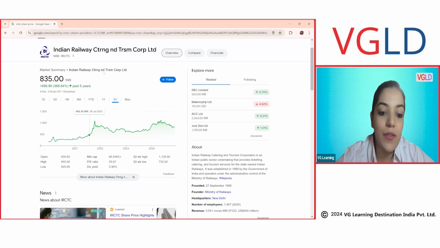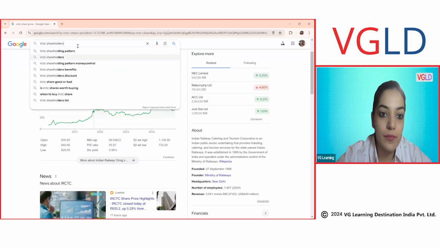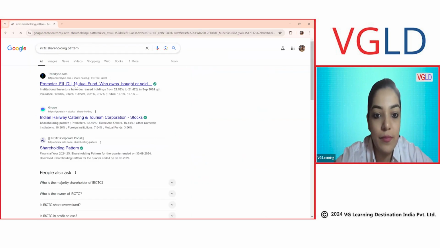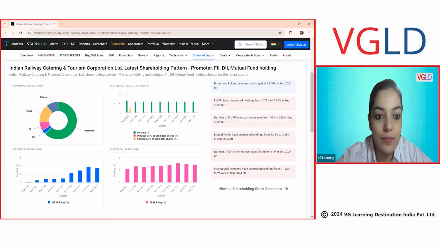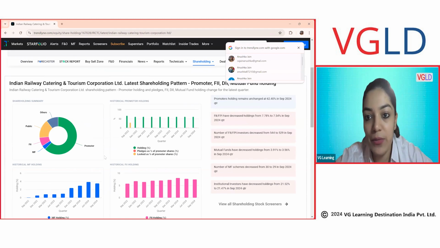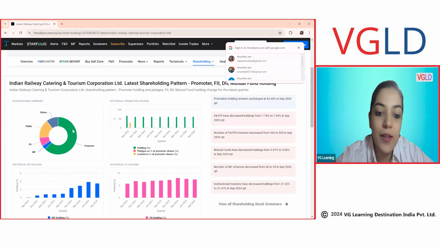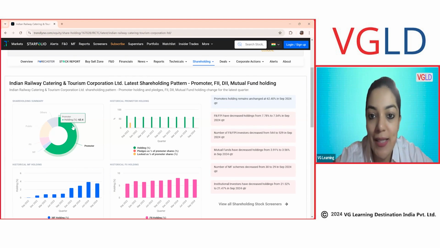Okay, so look at this. How is the shareholding? Mostly 62% is promoter. And who is promoter in IRCTC? The Indian government.